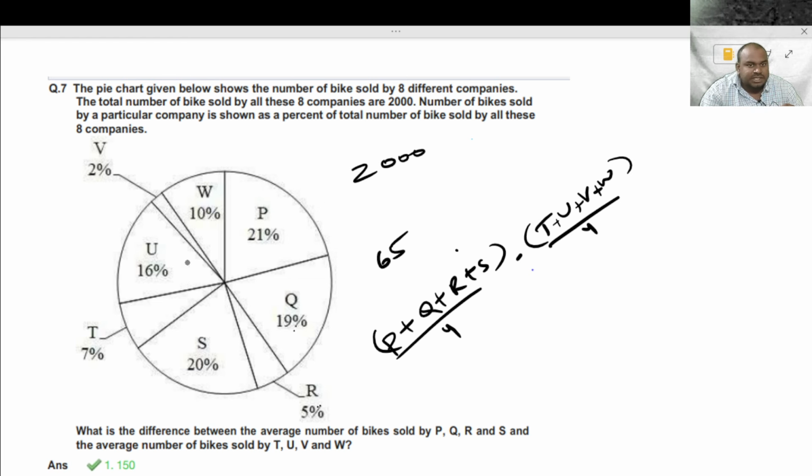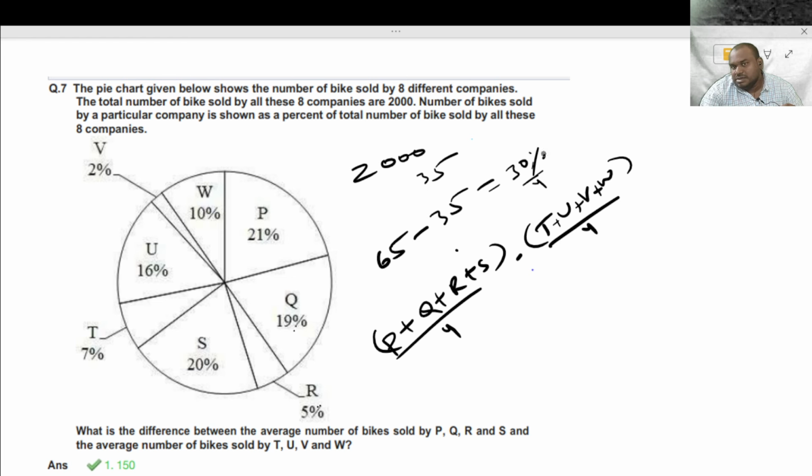Just let it be. Next, TUVW: T is 7, U is 16, 16 plus 7 is 23, 23 plus 2, 25, 25 plus 10, 35. So 65 minus 35, how much is it? 30%. Okay, 30% divided by 4 you have to do. Agree?